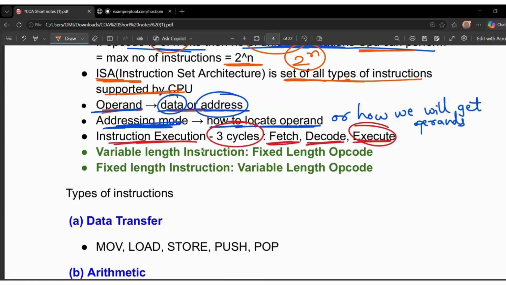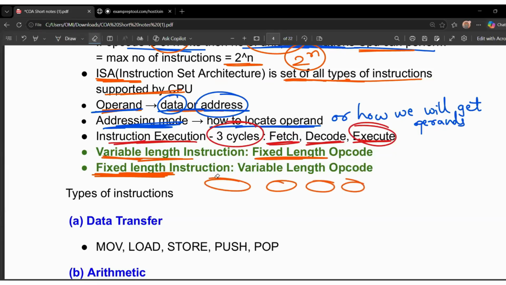Now the instructions are divided into two types: variable length instruction and fixed length instruction. Fixed length means each and every instruction is fixed. You know that fixed length instruction is used in RISC.